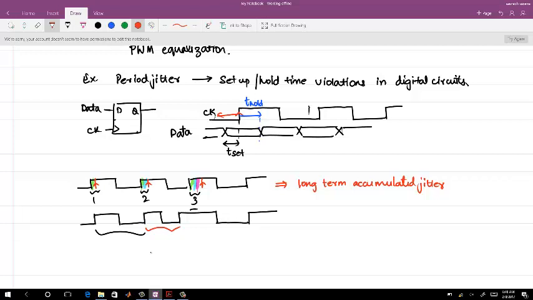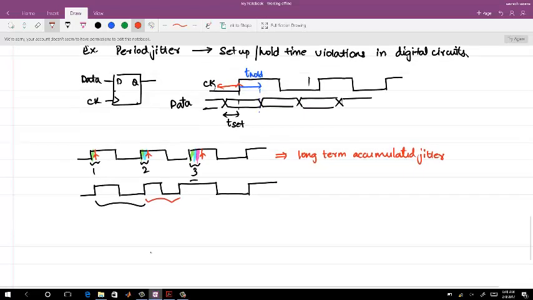Can be. So I put "can be" there, meaning how fast or how slow the things are getting corrected. That will depend on that. But here the whole logic is to see where period jitter is more important. In digital logic, it is more important, right?